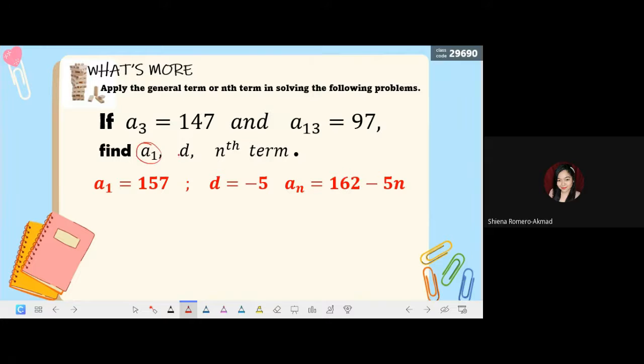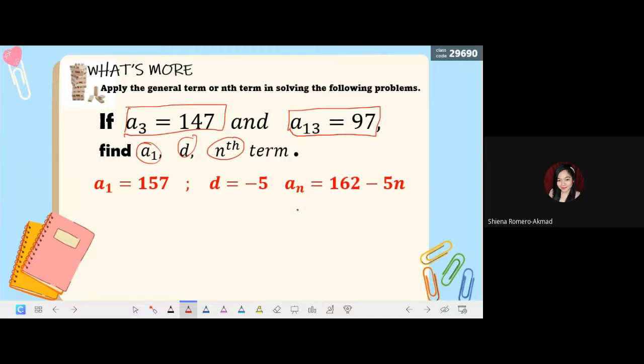Yung a sub 1 or the first term, the difference, and the nth term. Pero, ang ibinigay sa atin na given ay si a sub 3, which is equal to 147, and si a sub 13, which is equal to 97.